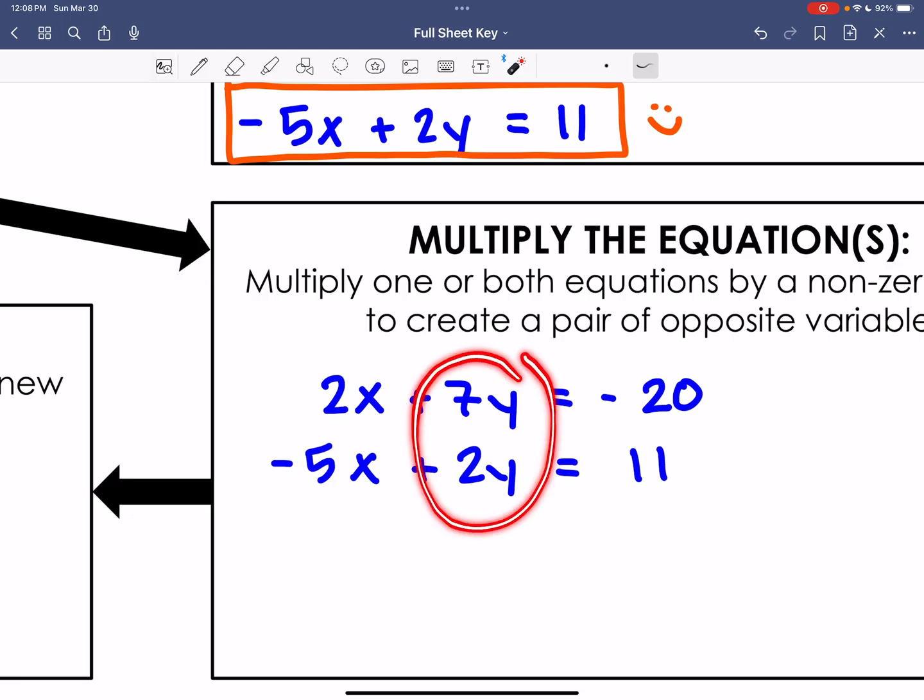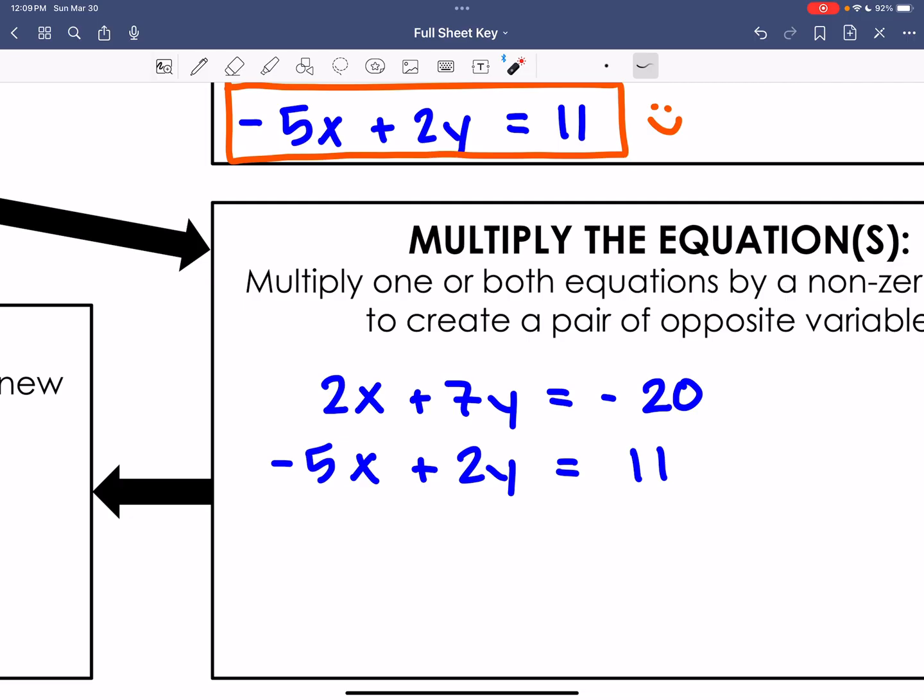Checking in on the y's, to figure out where 7 and 2 would match up, counting by sevens, I would have 7, 14, 21. And then counting by twos, 2, 4, 6, 8, 10, 12, 14. Finally, I get a match. So in order for this to happen, I would have to multiply the 7 by 2 and then the 2 by 7.